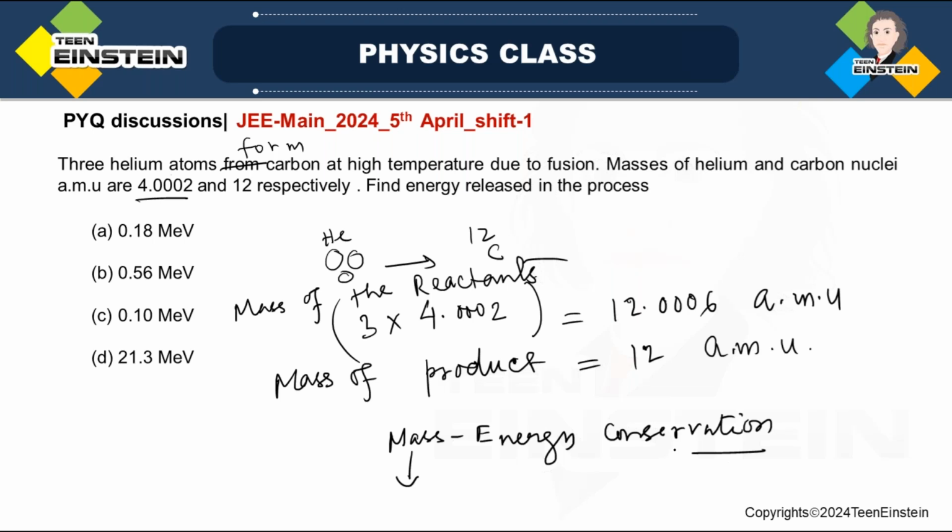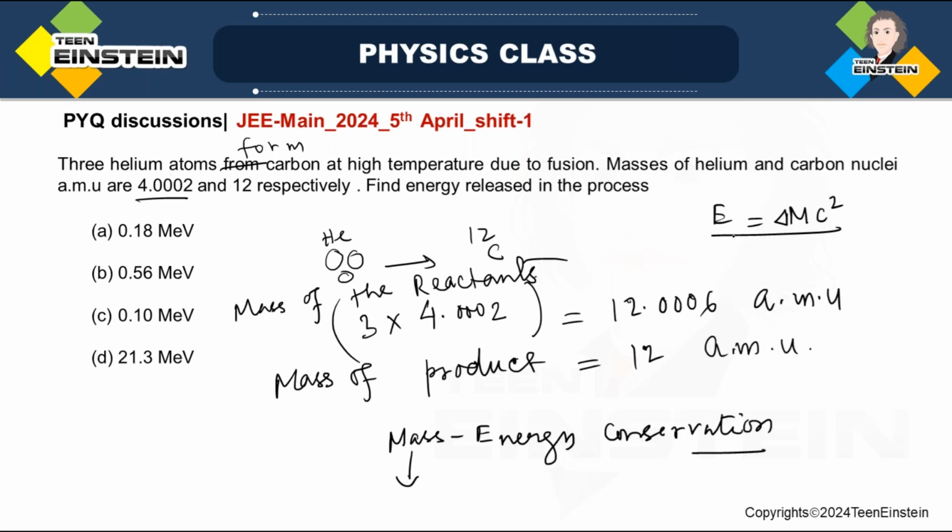Okay, this was actually given by Einstein. You know that very well, E is equal to mc square, the very famous relation. It is actually delta m c square. So the change in mass will get converted into energy.